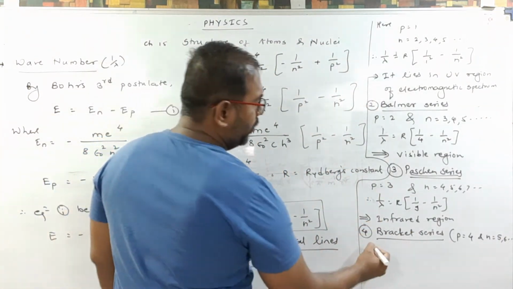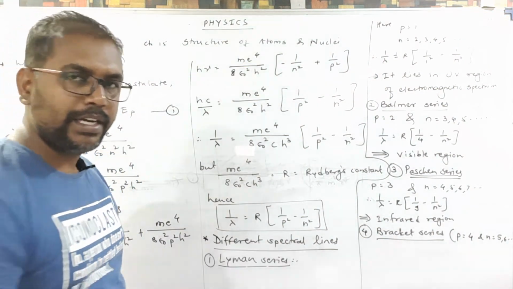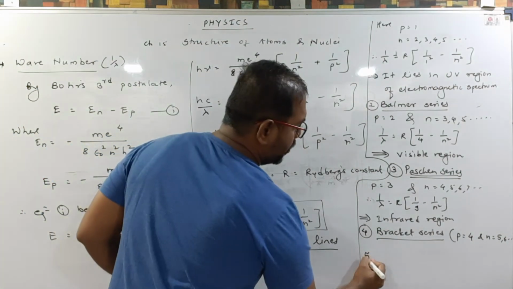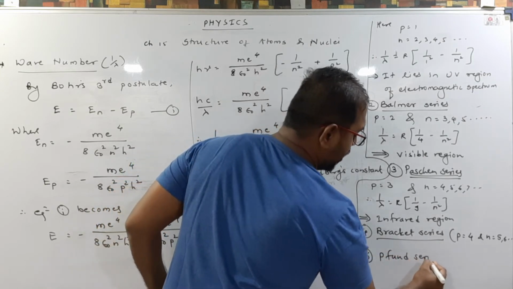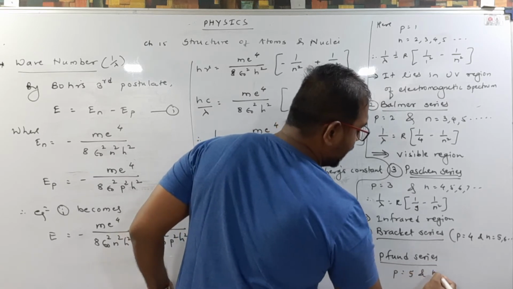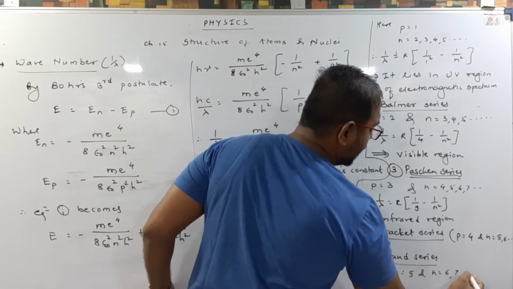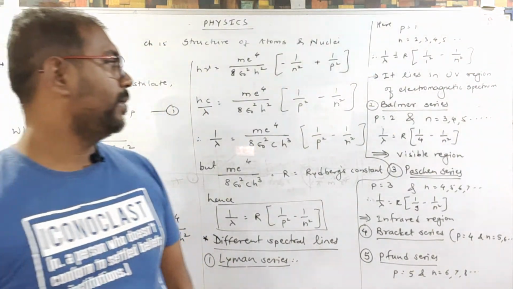Now we can find the wavelength, and definitely this also lies in the infrared region. Then the last one is Pfund. In the Pfund series, p is 5 and n is 6, 7, 8 and so on. These are the values of the outer orbit.